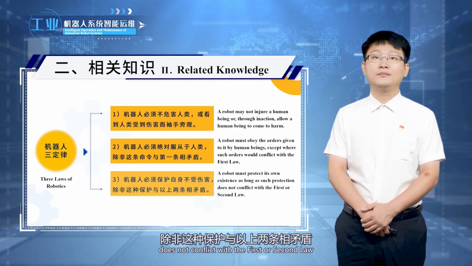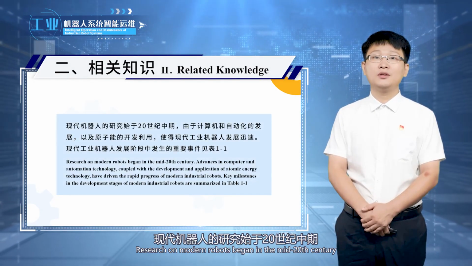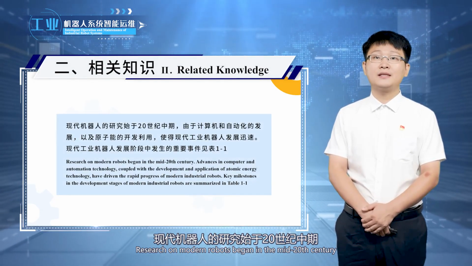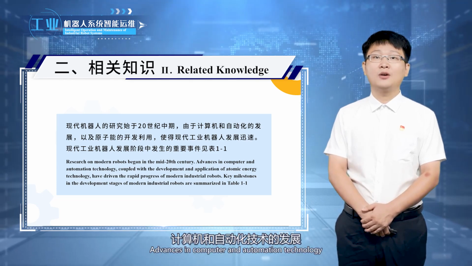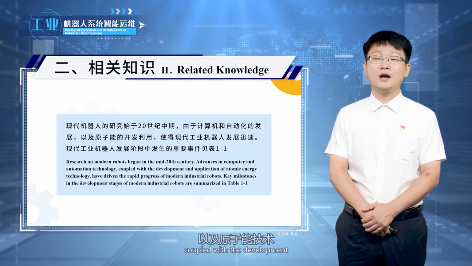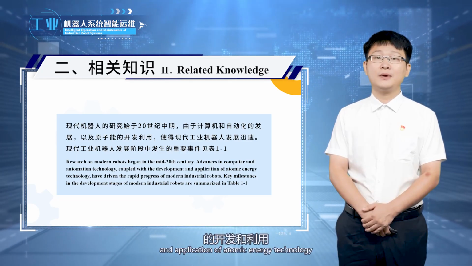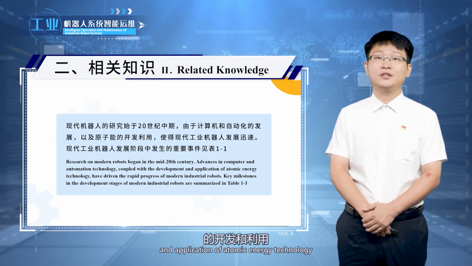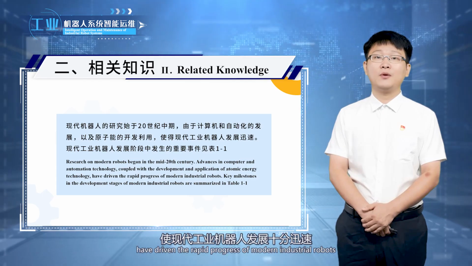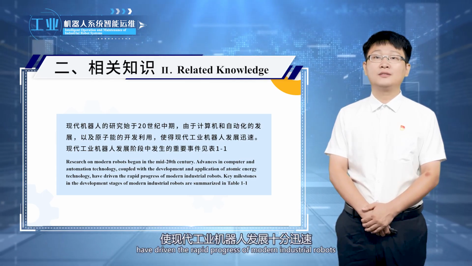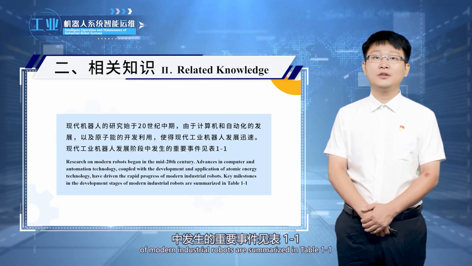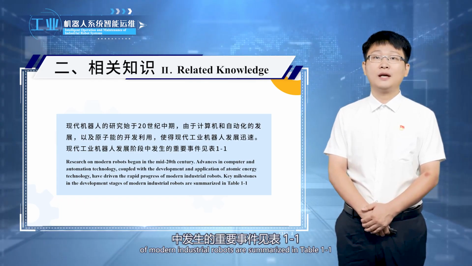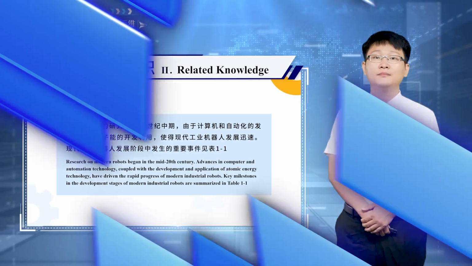Research on modern robots began in the mid-20th century. Advances in computer and automation technology, coupled with the development and application of atomic energy technology, have driven the rapid progress of modern industrial robots. Key milestones in the development stages of modern industrial robots are summarized in Table 1-1.